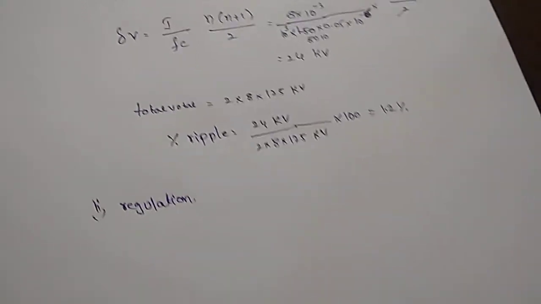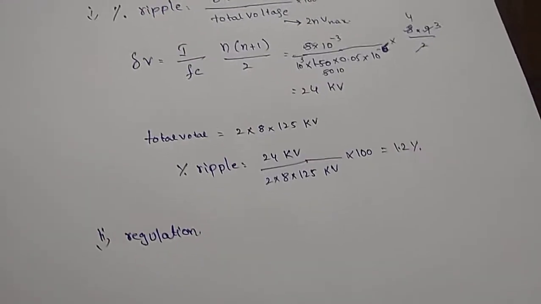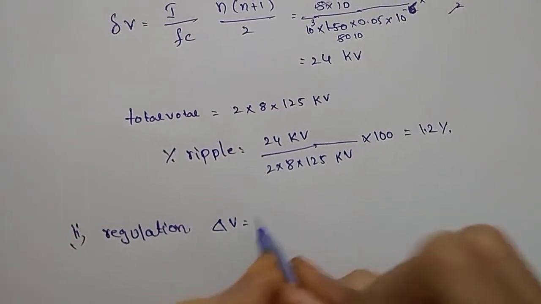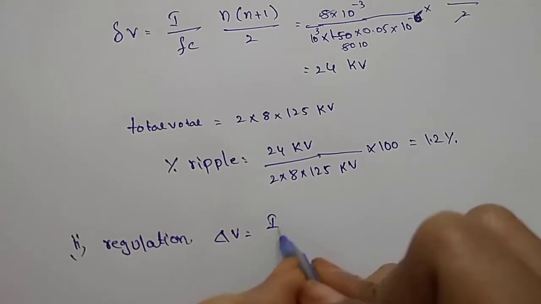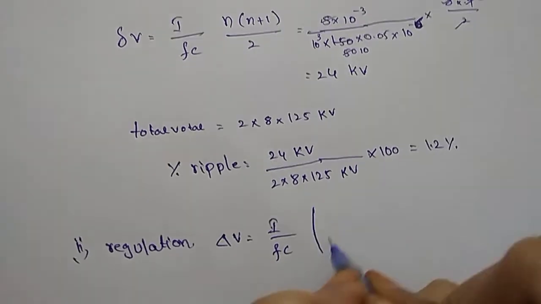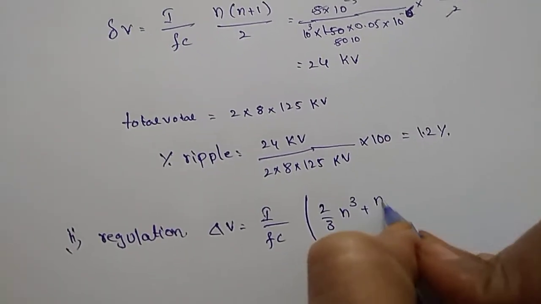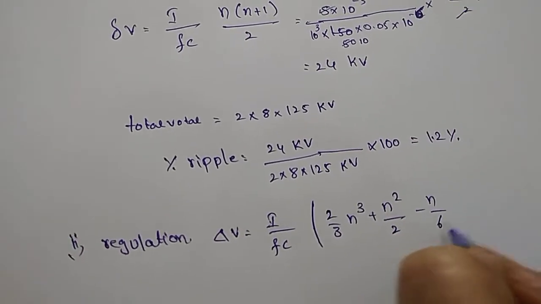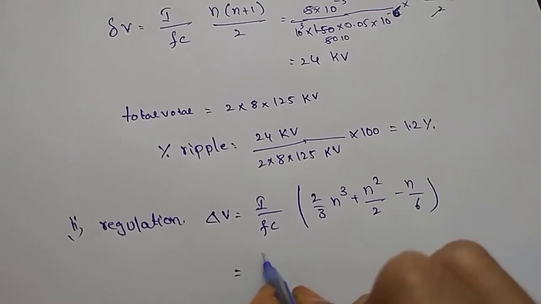For that we have the formula: voltage drop delta V equals I divided by Fc, into 2 by 3 n cube plus n square divided by 2 minus n by 6. So try to substitute all the values in the formula.